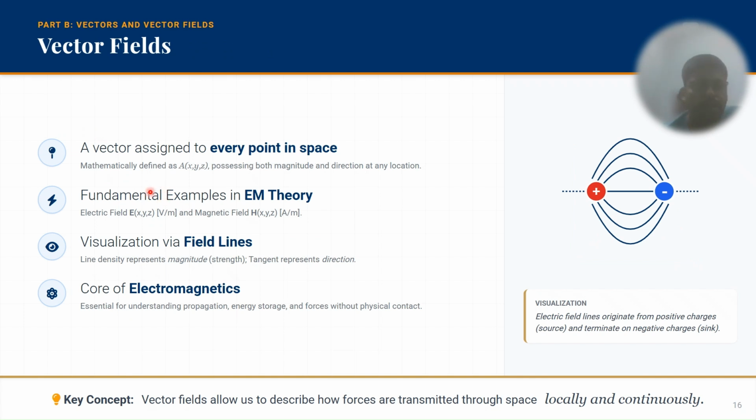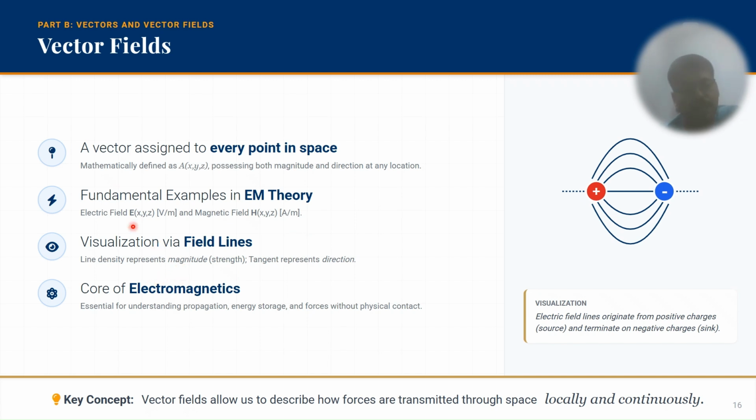Vector fields are mathematically defined as possessing both magnitude and direction at any location in space. In EM theory, we mainly use the electric field, which is volt per meter, and the magnetic field, which is ampere per meter. These are field intensities.